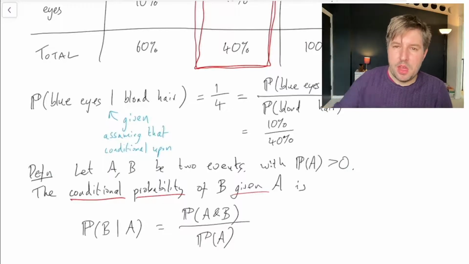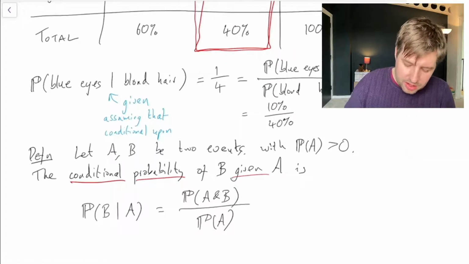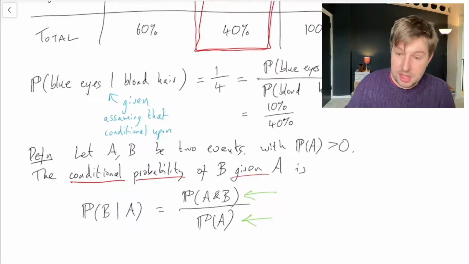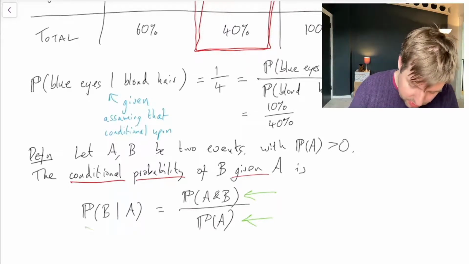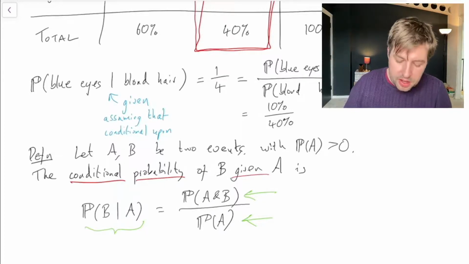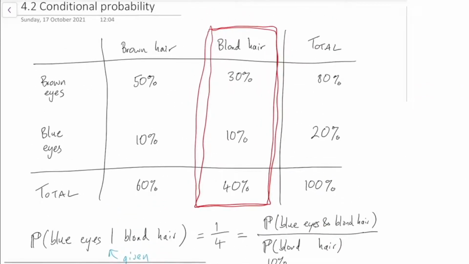It's the probability of both divided by the probability of the event we're conditioning on. And as we did with independence, there are different ways we could use that. So in this formula, if we know probability A and B, and we know probability of A, then we can work out the probability of B given A. And that's what we did up here in the example. We knew the probability of blonde hair, 40%. We knew the probability of blue eyes and blonde hair, 10%.